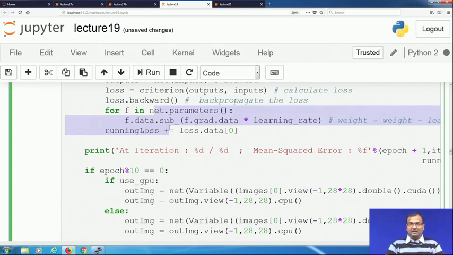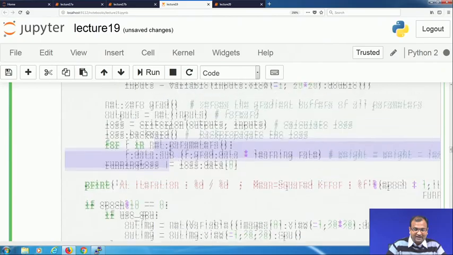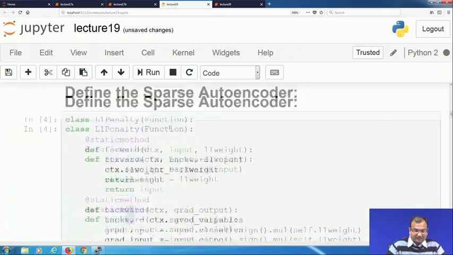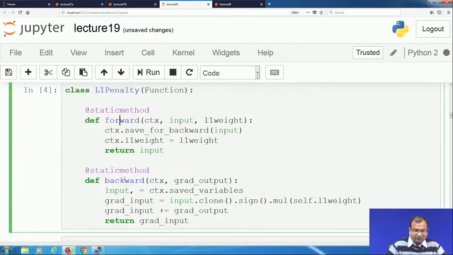If you remember from my last lecture where I was explaining the theory of sparse autoencoders, you do not have any specific change in terms of your learning rule. The only thing is that we add a certain term onto the cost function, and how it gets added is that you have this forward pass and the backward pass, both defined, and in the backward pass is where I am adding this extra part on the gradient, and nothing more.